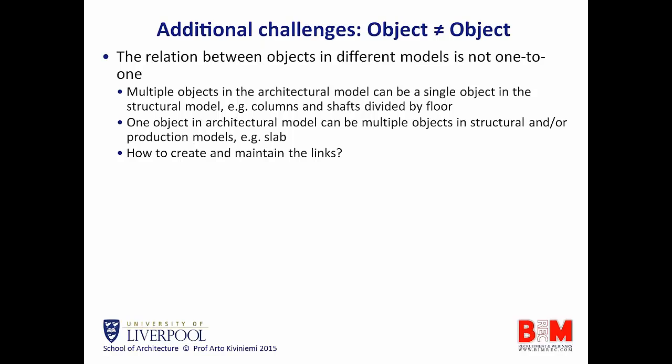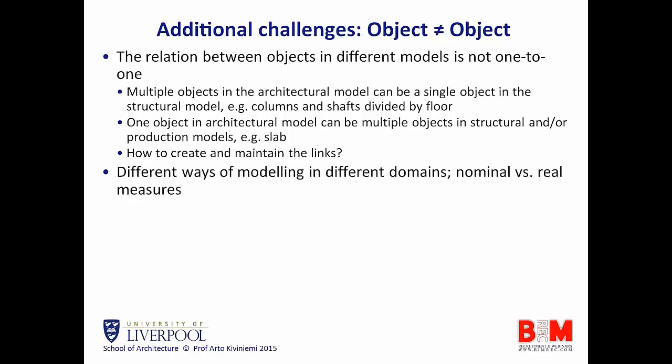Multiple objects in the architectural model can be a single object in the structural model, or the vice versa. And if we want to then really link the objects together so that the software products know that this is the same real-world object which is represented in structural and architectural model, the creation of maintenance of the links is not a simple task.